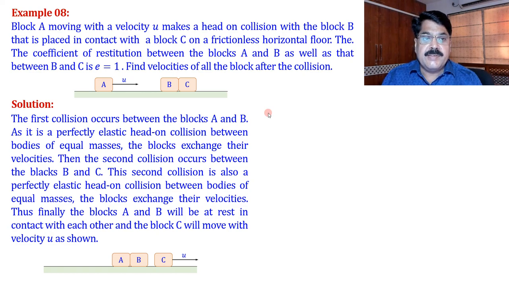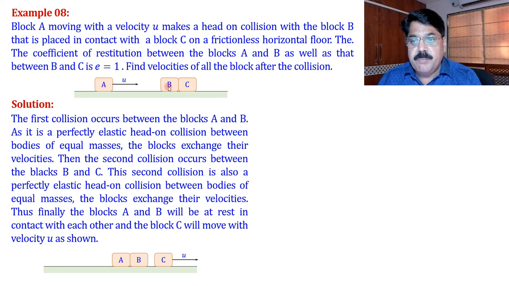Actually, collision is interaction between the bodies; it is the story of interaction forces. When A collides with B, that interaction is of very small duration. In that duration, the pressure or forces developed in B will not be transmitted to that end, so B will not interact with C. For that collision, it will be an independent collision between A and B, with no interaction with C. So when bodies are in contact, assume them separate.